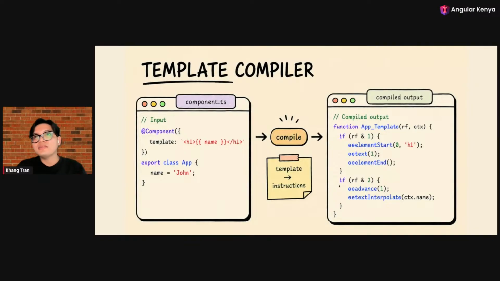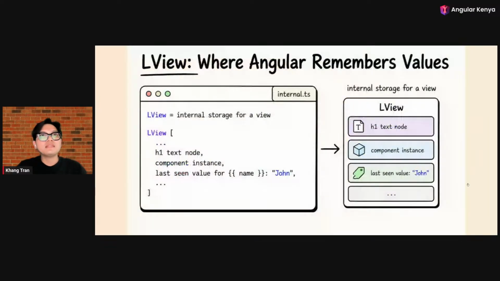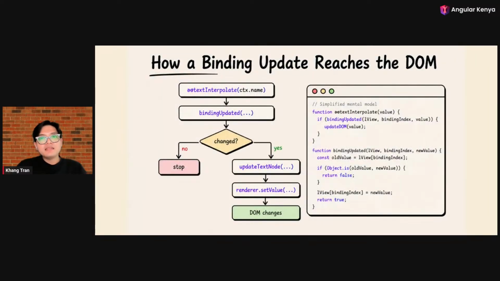In the second phase, Angular will trigger the textInterpolate function, and inside this instruction, Angular runs the binding check, bindingUpdated, and you can see the simplified mental model here. Basically, bindingUpdated will read the previous value from the LView and then compare it with the new value.